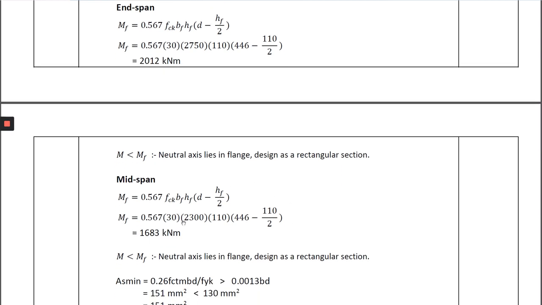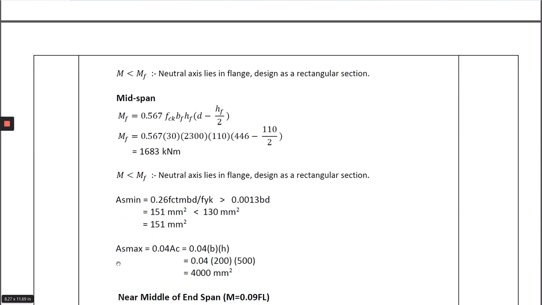You have to remember that for BF here, you use BEFF for midspan, 2300. The conclusion is the same: M is less than MF, the neutral axis lies in the flange, design as a rectangular section. Then first, you have to calculate AS minimum and AS maximum. You have to make sure that the result you get is in between AS minimum and AS maximum for the main reinforcement that you're going to design.